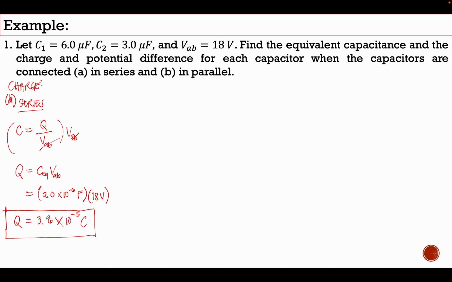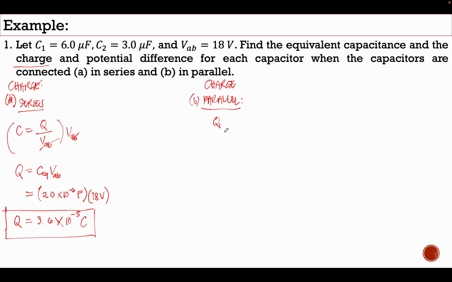Okay. So how about for parallel? So for letter B, parallel. So again, this is for the charge. For parallel nga combination, Q1 and Q2 are not the same, or dili sila pareho og value.